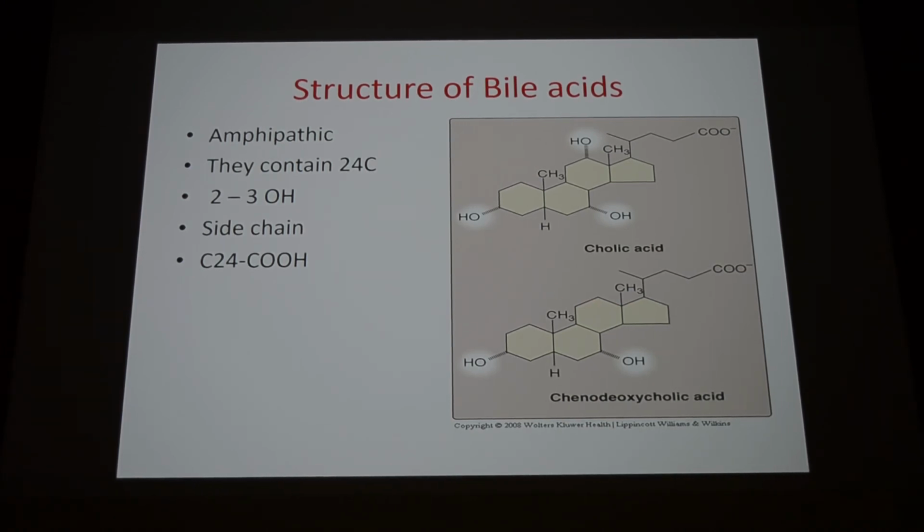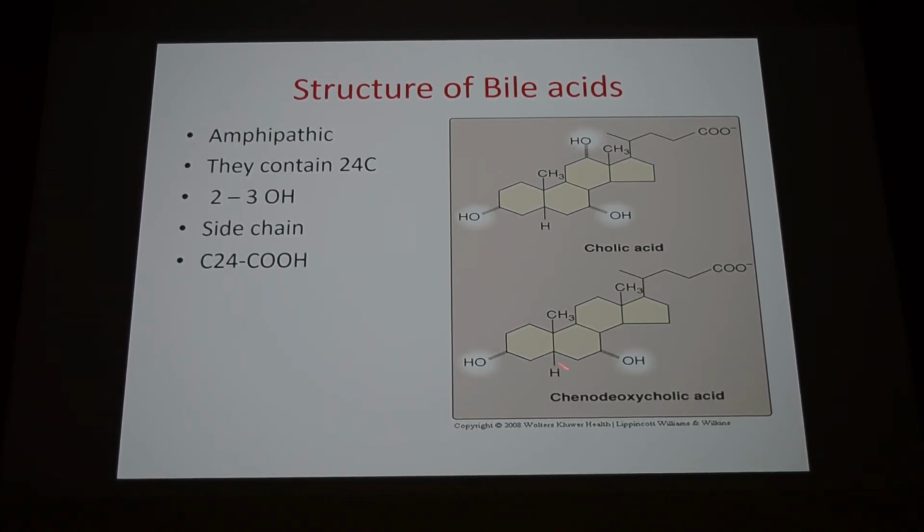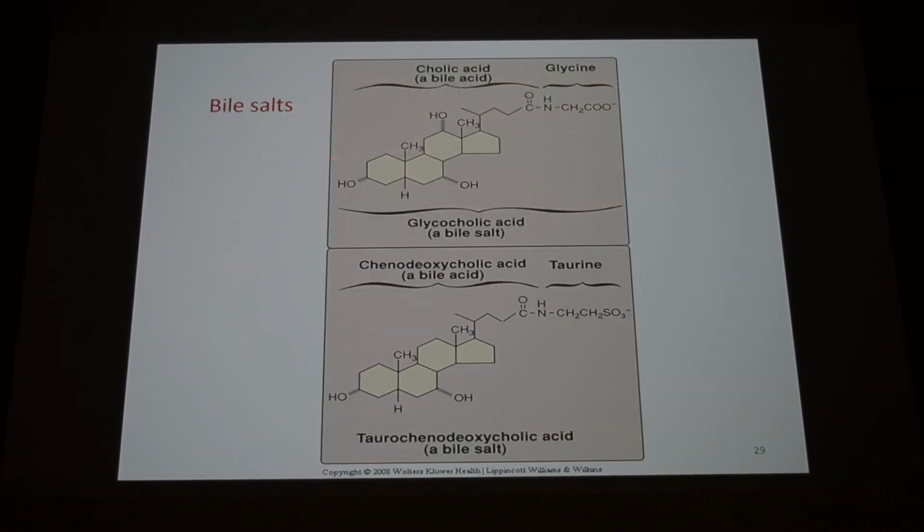In cholesterol we have 1 OH, so the synthesis of bile acid from cholesterol occurs by hydroxylation reactions. So here we have 2 types of bile acids, cholic acid and chenodeoxycholic acid, that are derived from cholesterol.